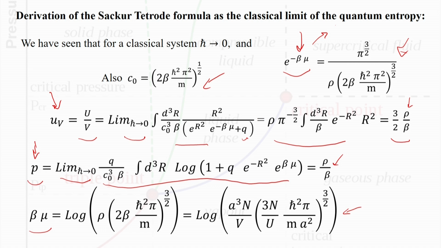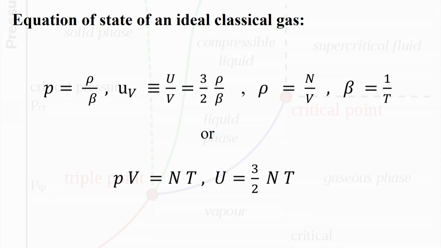When you do that, you get a very familiar expression: total energy is 3/2 times the number of particles times temperature, with the Boltzmann constant being set to 1, because I am measuring temperature in energy units, as I have told you repeatedly earlier. So, that is precisely what I am getting here.